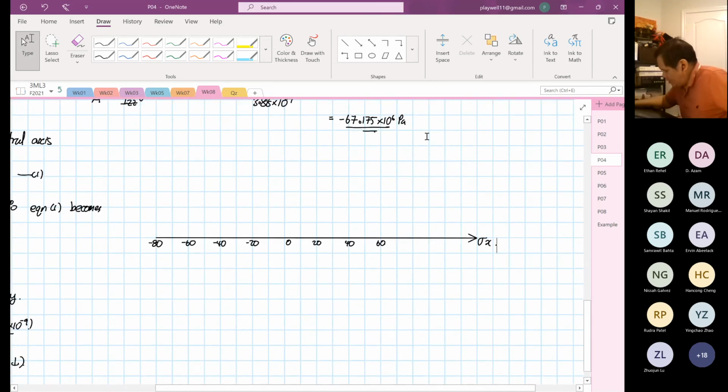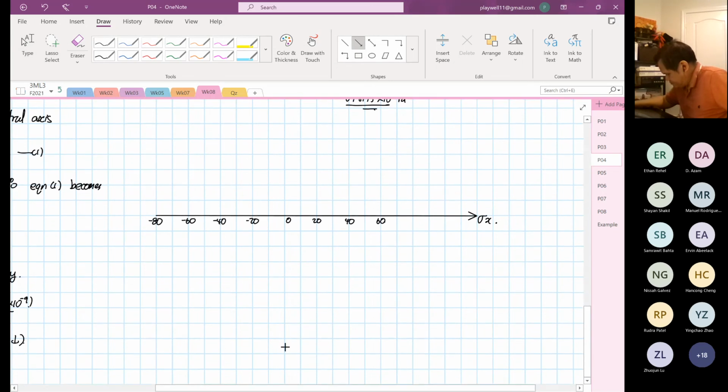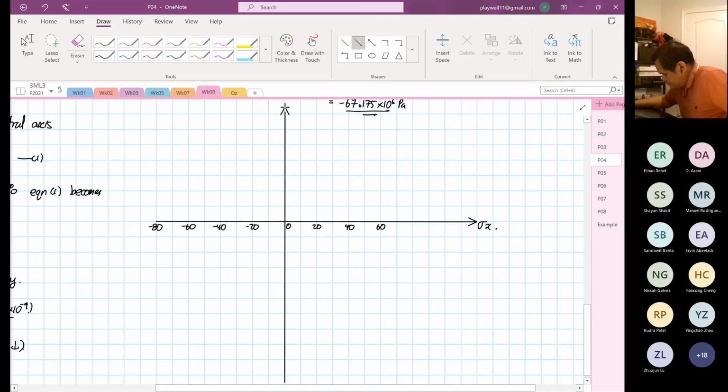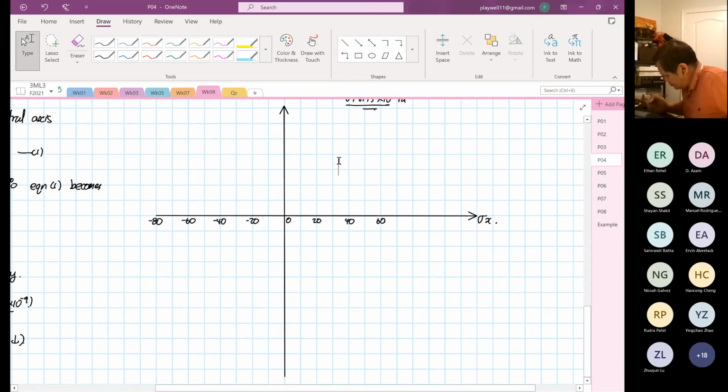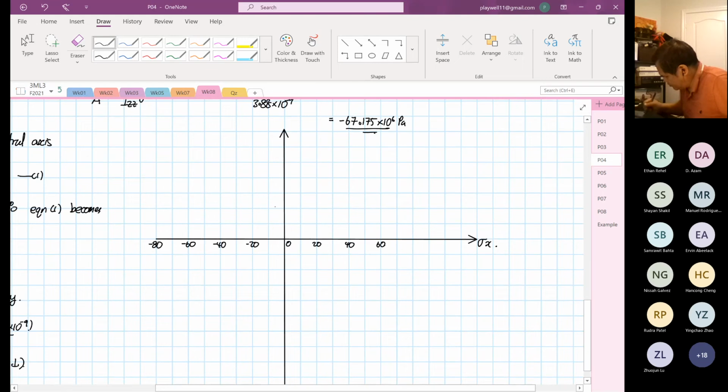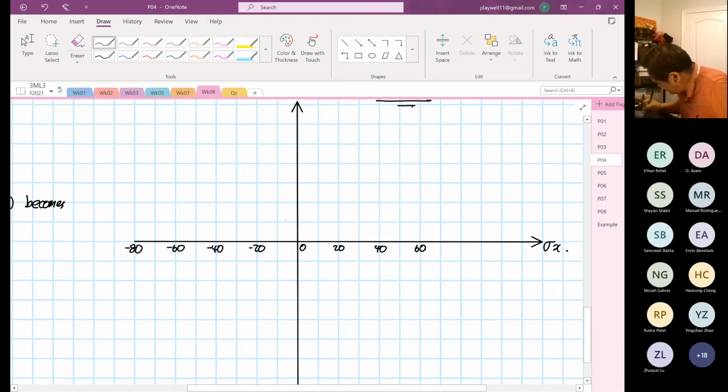Then we have our y. Let me count: 1, 2, 3, 4, 5, 6, 7, 8, 9, 10. Not enough, but it's okay. So this is 2, 4, 6, 8, 10, minus 2, minus 4, minus 6, minus 8, minus 10, minus 12.